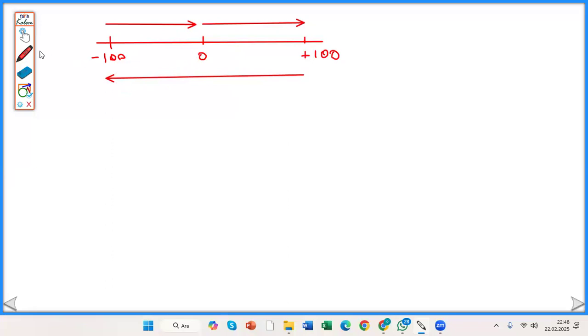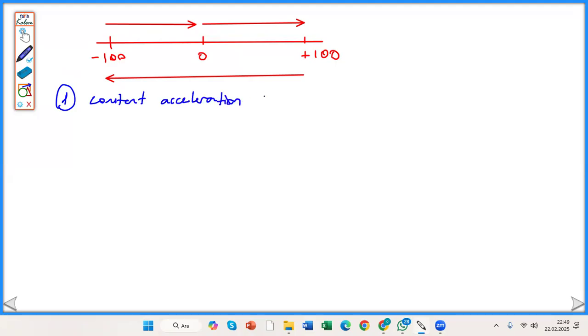For that motion, the first option is constant acceleration.